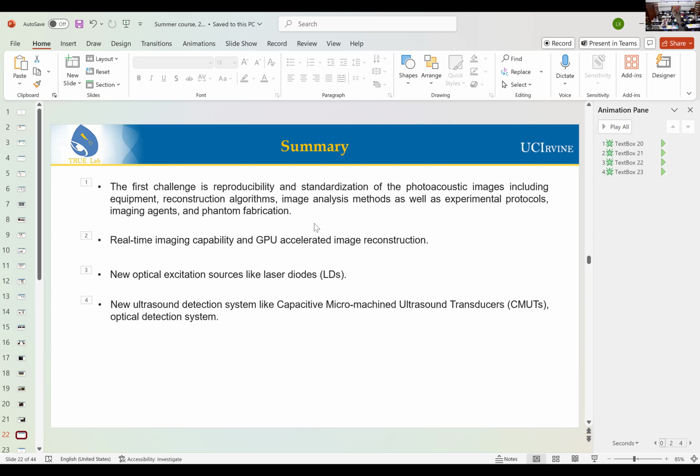Whenever we're using a nanosecond laser for photoacoustic imaging, the resolution will not be limited by the pulse duration.